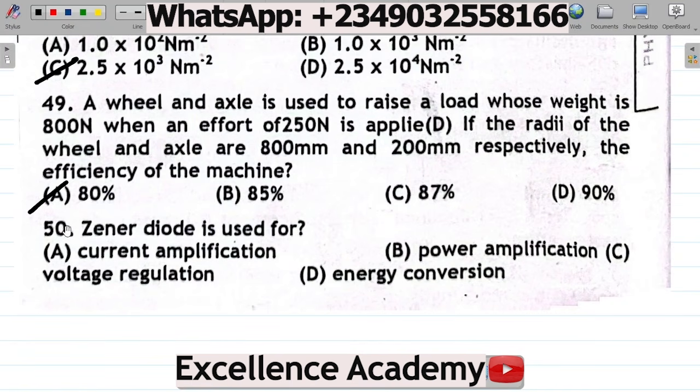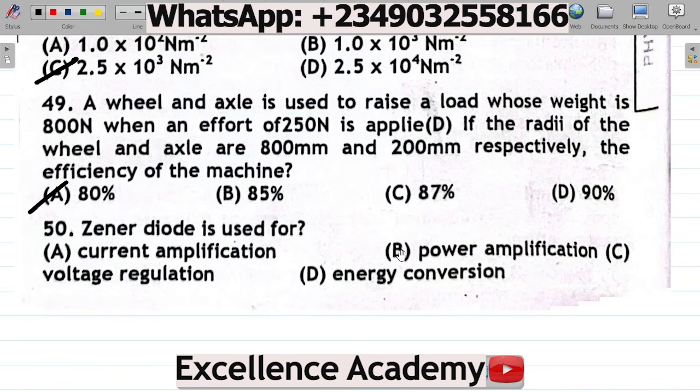Next up, question 50. 50 says a Zener diode is used for A, current amplification, B, power amplification, C, voltage regulation, D, energy conversion. So for this question, what is the correct answer?